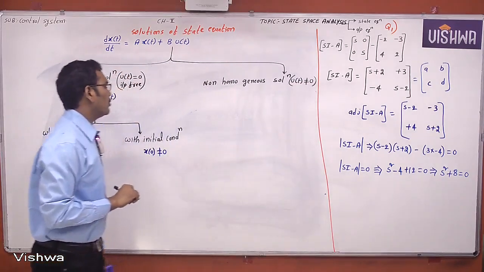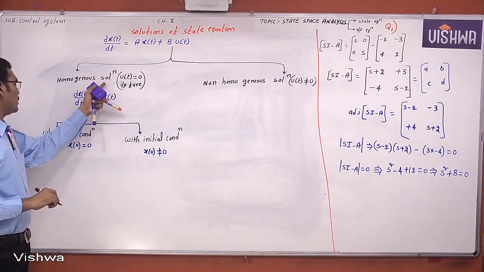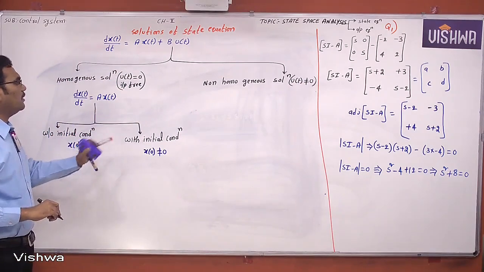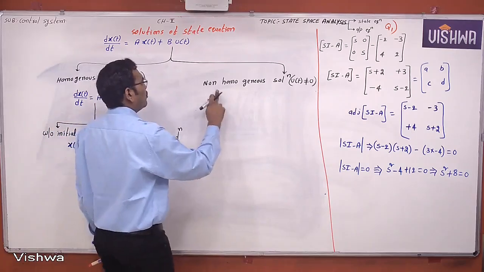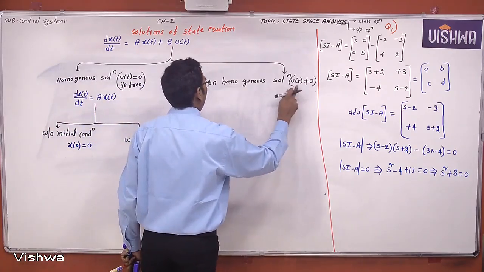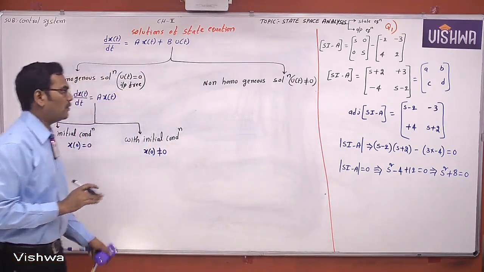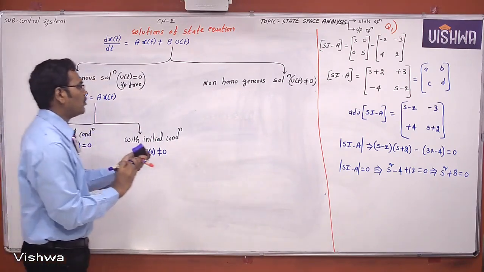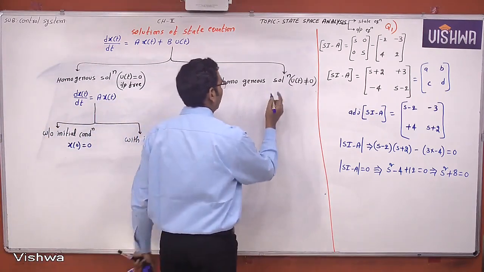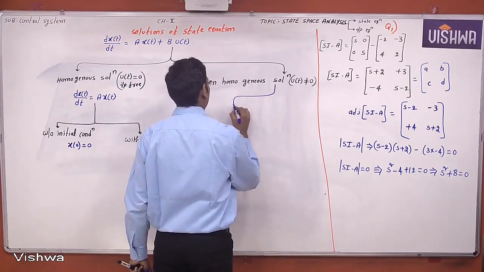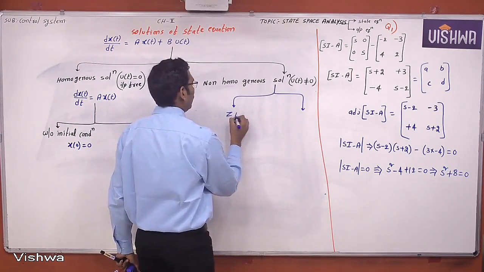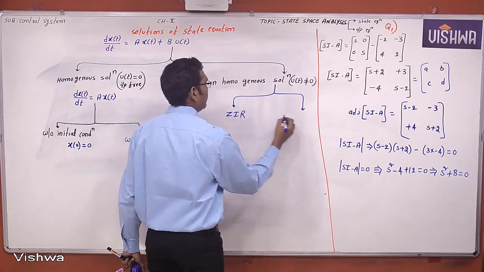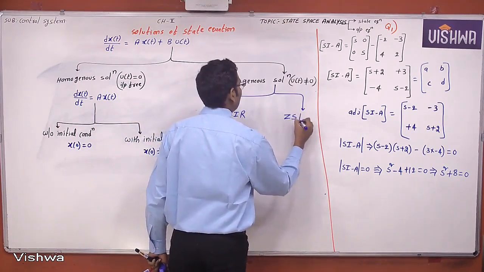So one is the homogeneous solution, without and with initial condition, and another is the non-homogeneous solution. This non-homogeneous solution has two parts: one is the zero input response, another is the zero state response.